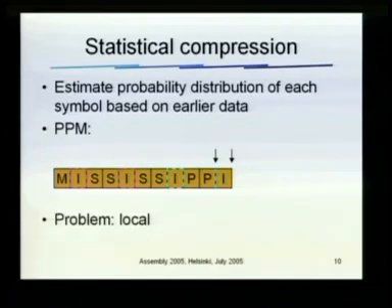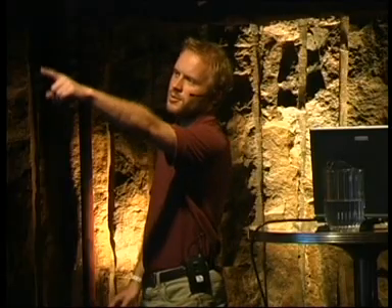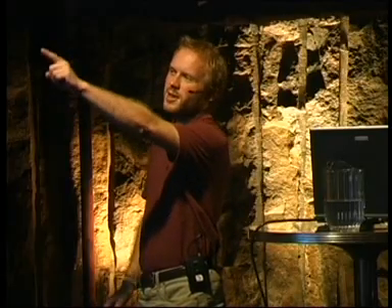So when we are here about to decompress the last I, we see that 3 places back, that was an I. So we look further back in the data, see, okay, where all the places where we have been were 3 places back, there was an I. What was the next one? And it turned out it was always an I. So every third character in this string is an I. But PPM can't capture this kind of pattern.